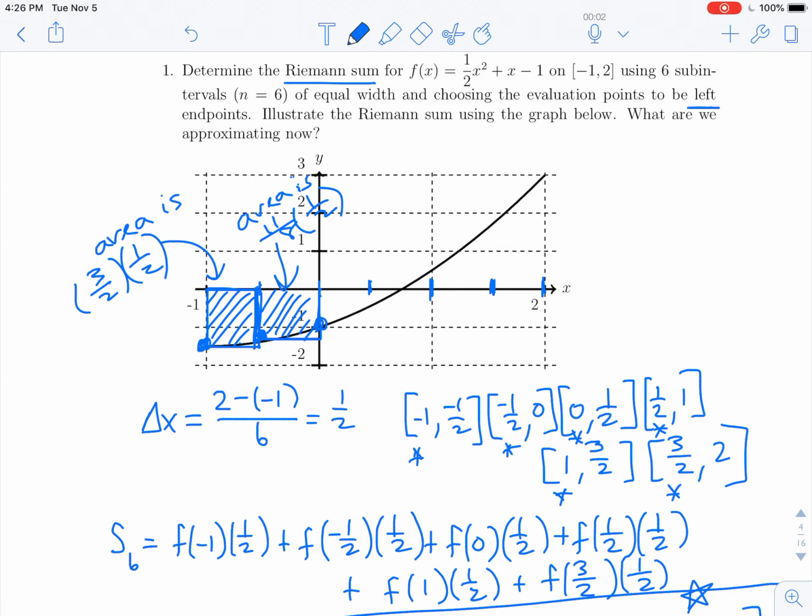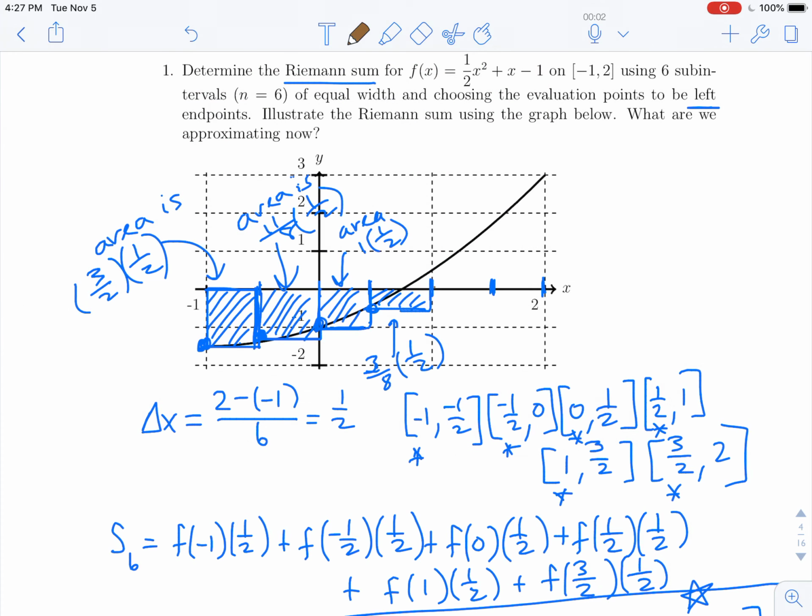The next one, its area is 1 times 1/2. And all of those things show up in our Riemann sum, but they show up with a minus in front of them. The next one, I believe that was a 3/8. Yes. The area of this rectangle is 3/8 times 1/2.